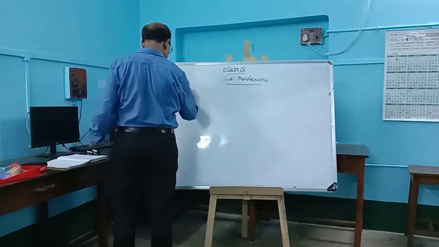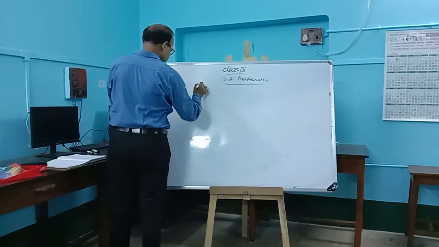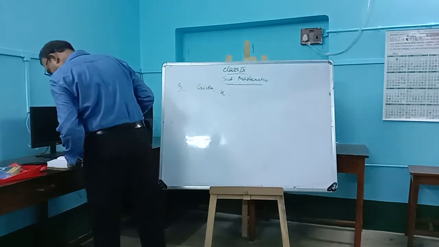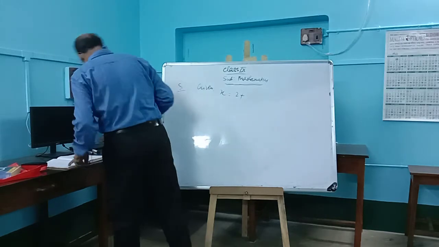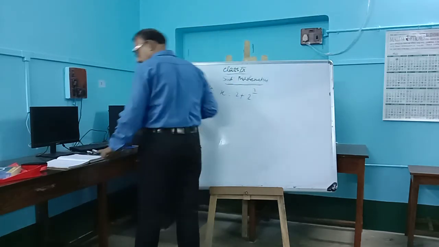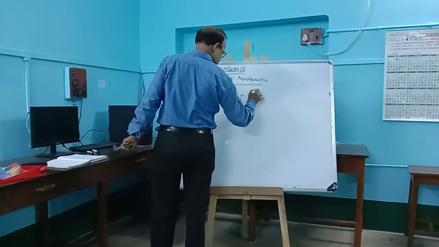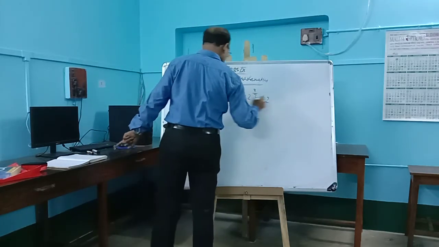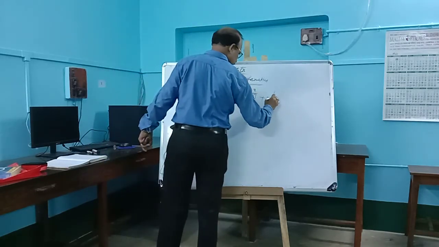Now question number 5. Given s equal to 2 plus 2 to the power 2 by 3 plus 2 to the power 1 by 3.